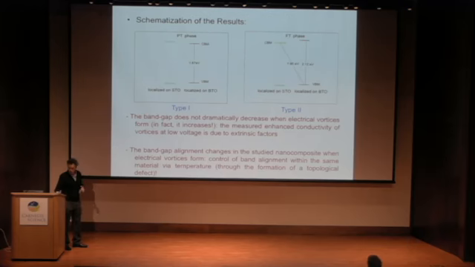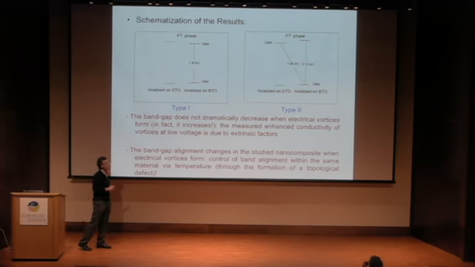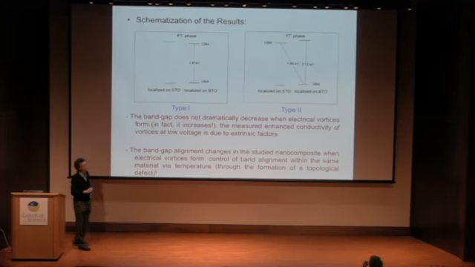In fact, to see really the result, I think it's probably better to take a look at these schematizations. So this is a schematization of the energy levels in this PT phase, no vortex, and in the FT phase, where electrical vortices are formed. In green, this is what's going on in the STO matrix, and in red, these are the levels in the BTO nanowires.